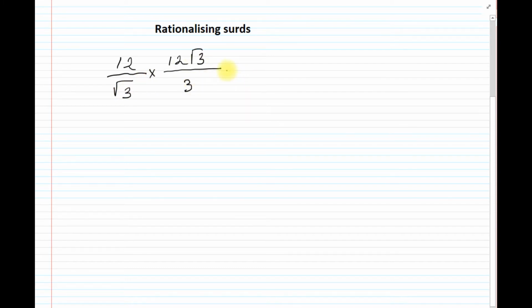Now here, you have to be aware that although we've rationalized the denominator, this fraction is not in its simplest form. So we always have to watch out to see if there are any common factors between the numbers in our numerator and denominator. So here, 12 and 3 have a factor of 3, so they can both divide by 3. So this becomes 4 square root of 3.